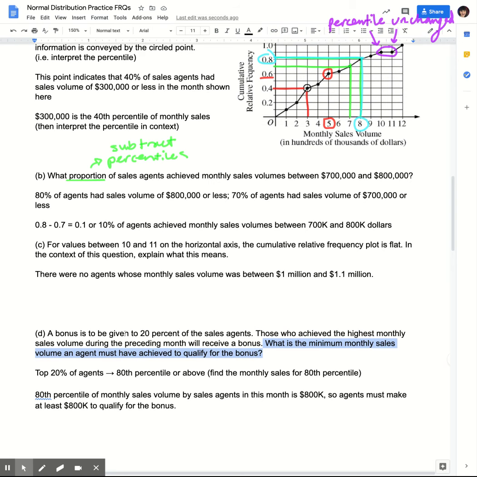Give me a sec to clear my screen, and then I've got two more problems for you. The next two deal a little more with z-scores and calculating percentages from the normal distribution.